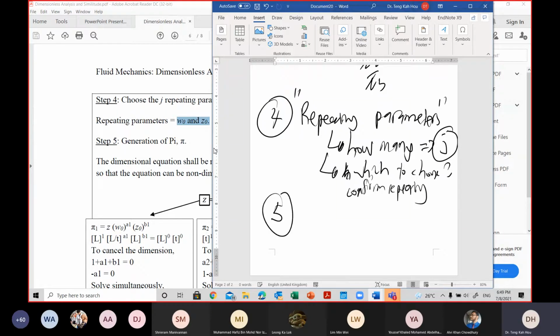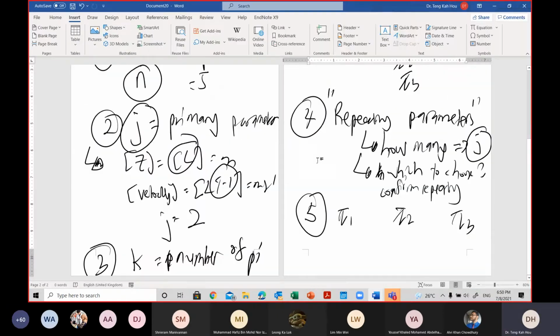So fifth step is writing your pi, am I right? So you know that I got 3 pi. So how to write a pi? Can you recall? How to write a pi? Pi 1 equal to, write 2 brackets, A1 and B1 for this repeating value.